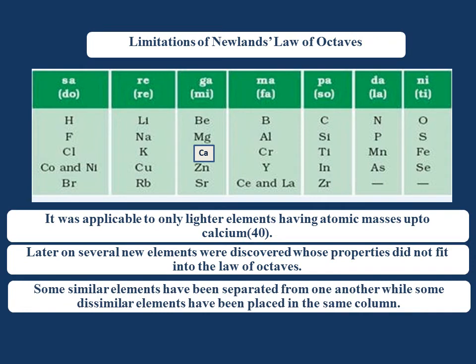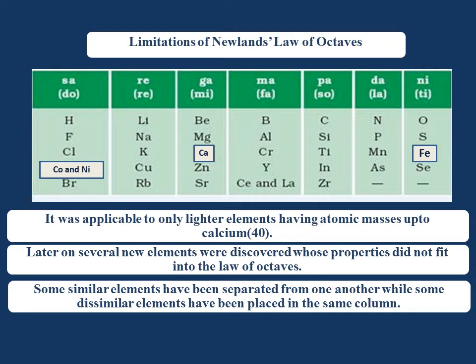The next one. Some similar elements have been separated from one another, while some dissimilar elements have been placed in the same column. For example, iron resembles cobalt and nickel, but has been placed far away from these elements.